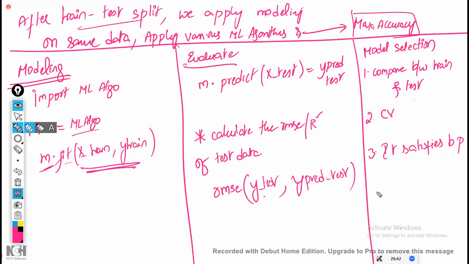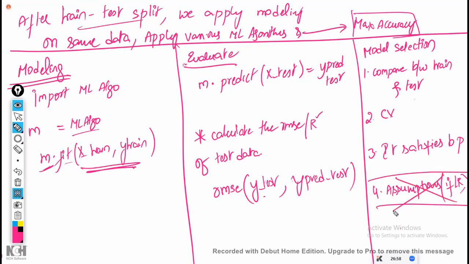Fourth, it satisfies the assumptions if it is linear regression. Only for linear regression, this one is additional. If you are applying a linear regression, the fourth one will come into the picture. Otherwise, this is not there. Only for linear regression, we have to check this one.